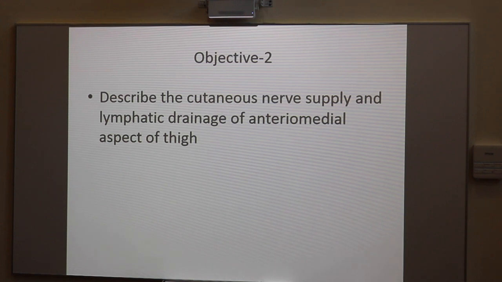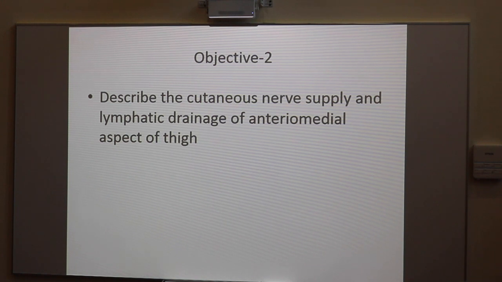So these are the 4 structures you would be finding in the superficial fascia. We would be dealing first with the cutaneous nerves and the lymphatics which you would see in the skin. And then we would deal with the cutaneous vessels, and we are going to deal with the superficial veins.